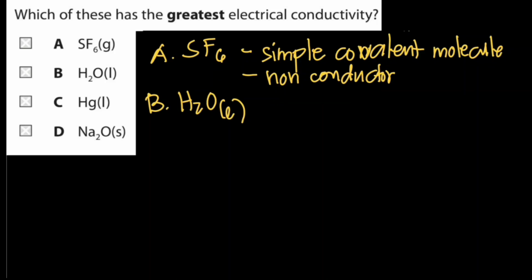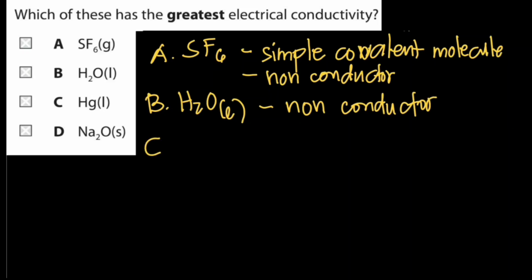Pure water has extremely low conductivity, only self-ionizes very slightly into H3O+ and hydroxide OH−. So it's basically an insulator unless there is the presence of impurities or ions. So water here is also a non-conductor.